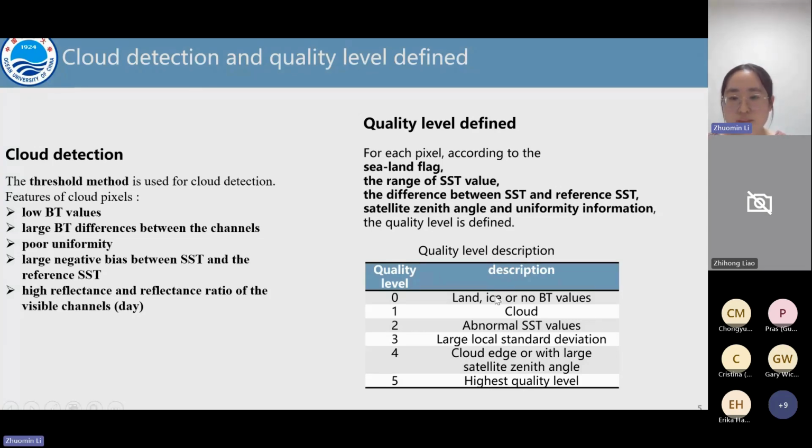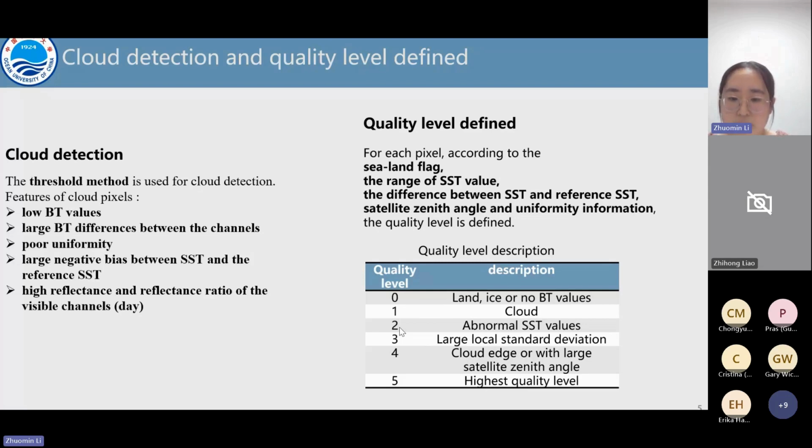And we receive the quality level from 0 to 5. The pixels with the quality level of 0 are land, ice, or no BT values pixels. And the pixels with a quality level of 1 are cloud pixels. The pixels with quality level of 2 are pixels with abnormal SST values.